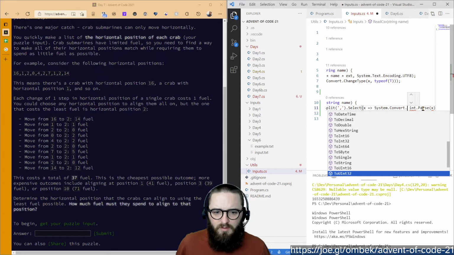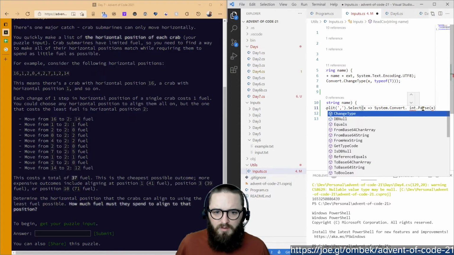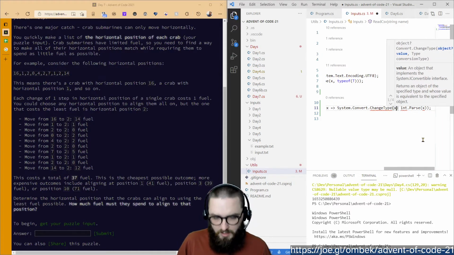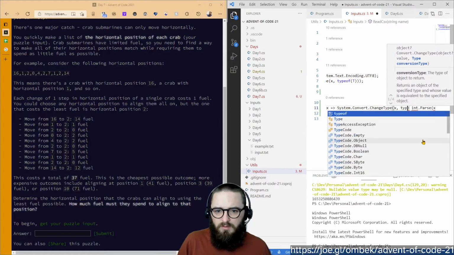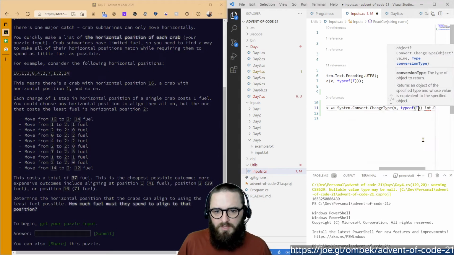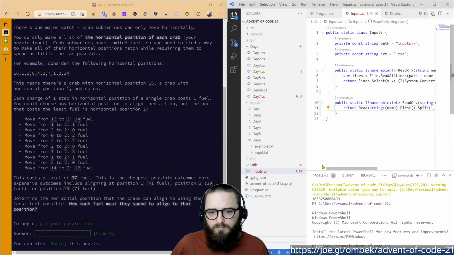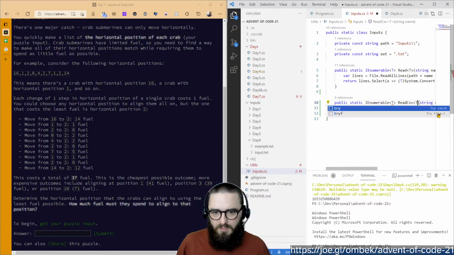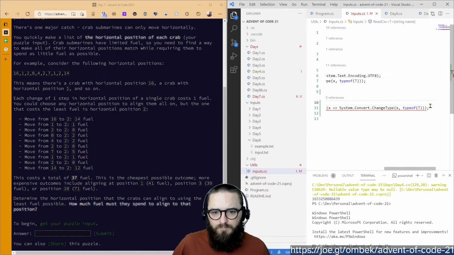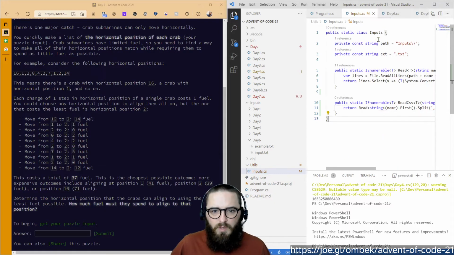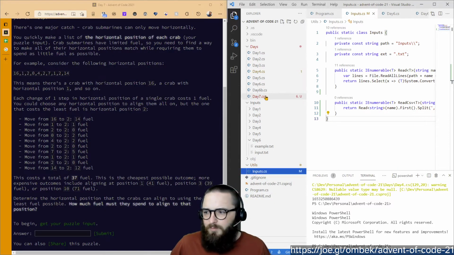Does this work? Change type. Is that what I want? Object is X and type of. Let's see if this works. Type of T, because that saves me rewriting this later. T. There we go. I'm not sure that's going to work, but we'll find out.